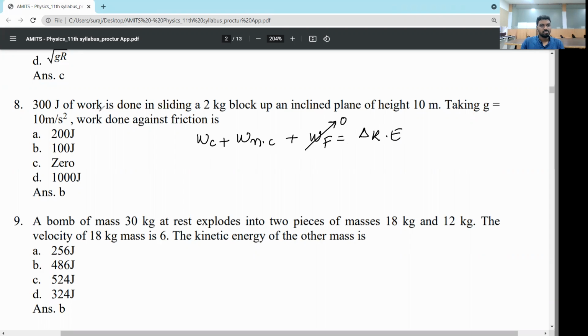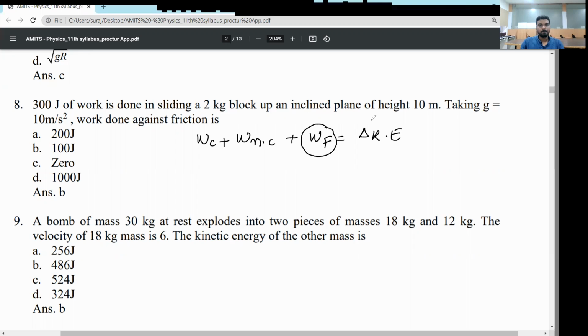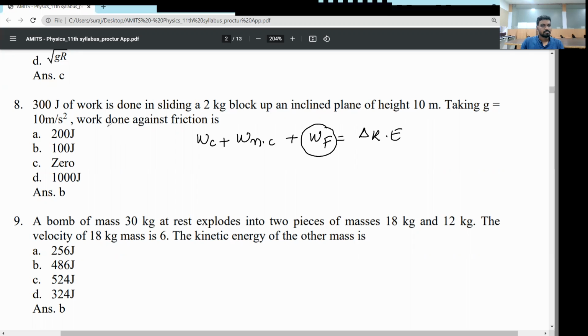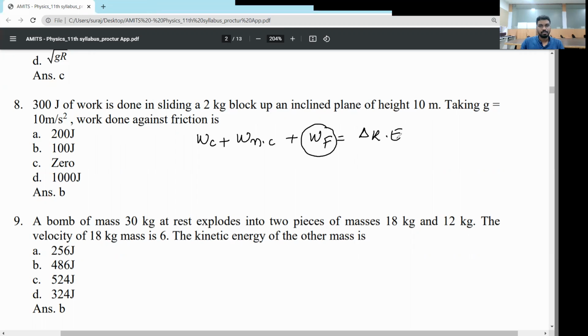Now what is given? 300 joules of work is done in sliding a 2 kg block up an incline of height 10 meters. Then work done against friction. Now work done by the conservative force is the negative of the change in potential energy. Clear?